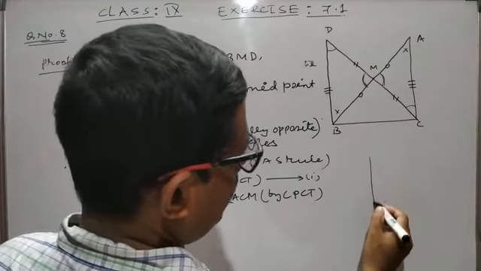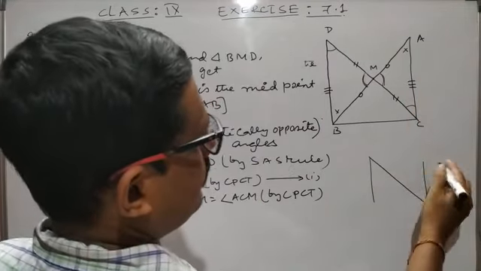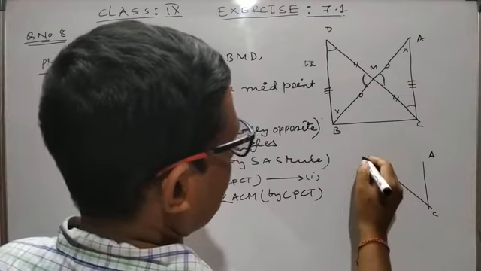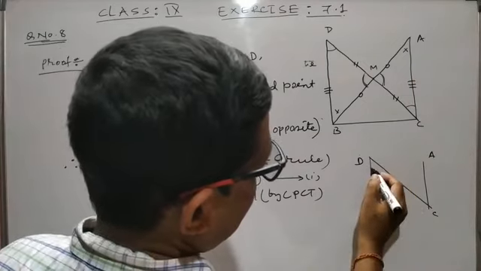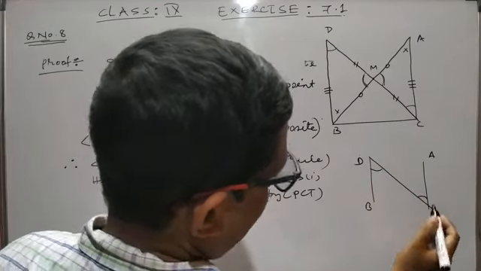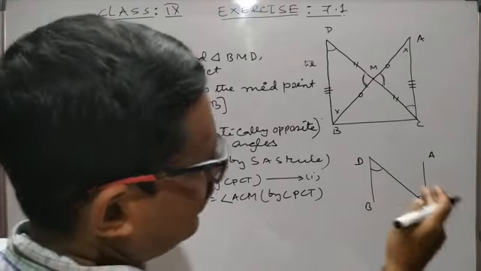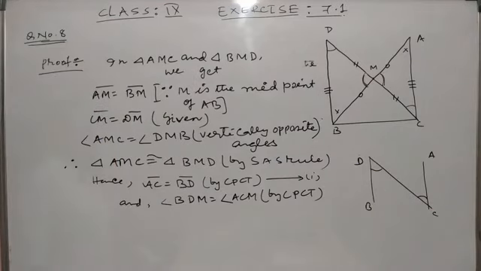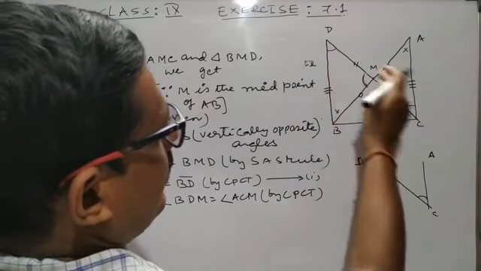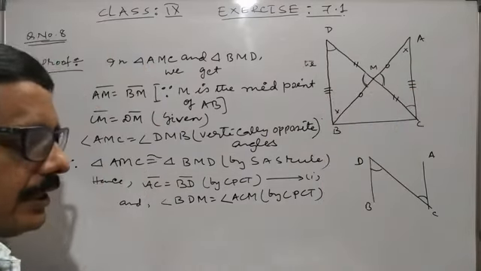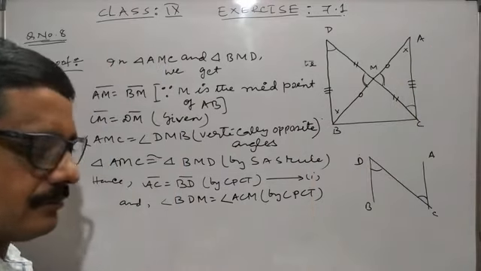Now if we go through these two lines, AC and BD, and this is the transversal, ultimately this and these are alternate angles. And when the alternate angles are equal, then these two lines are parallel. So as we have got this angle equal to this angle, but this and these are alternate angles when CD is the transversal of AC and BD.